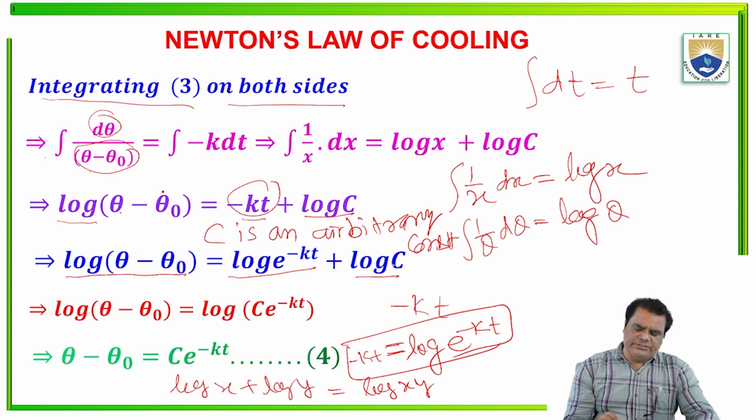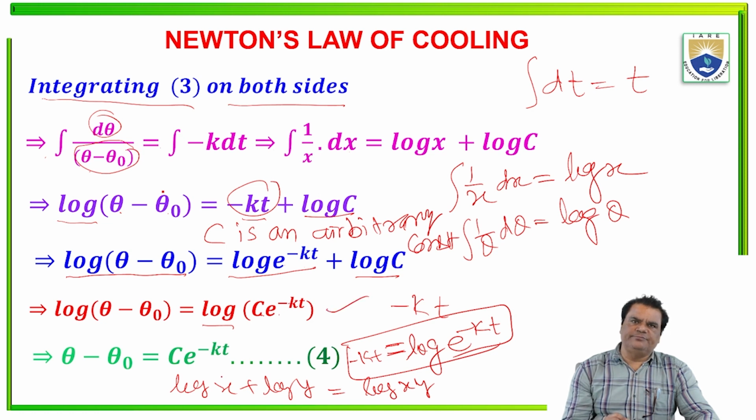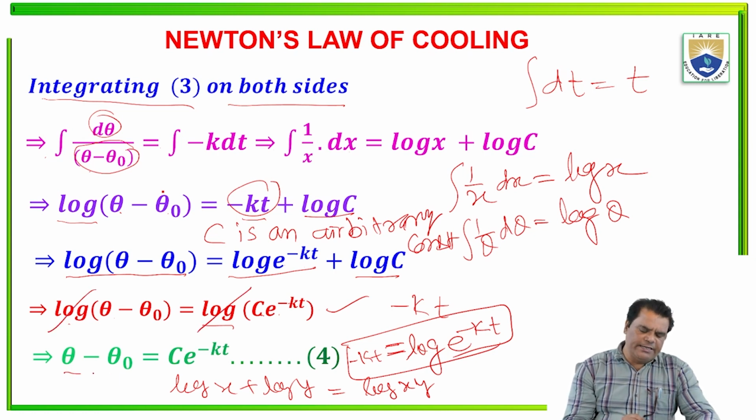So we multiply c and e to the power minus kt, and log is common: log of c e to the power minus kt. The other side is log of theta minus theta naught. So log cancels on both sides, and we get theta minus theta naught equals c e to the power minus kt.